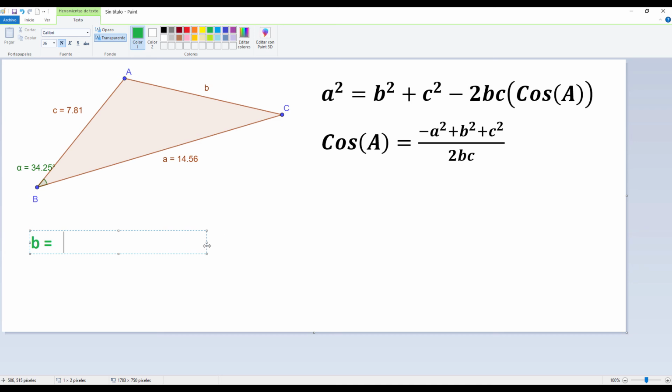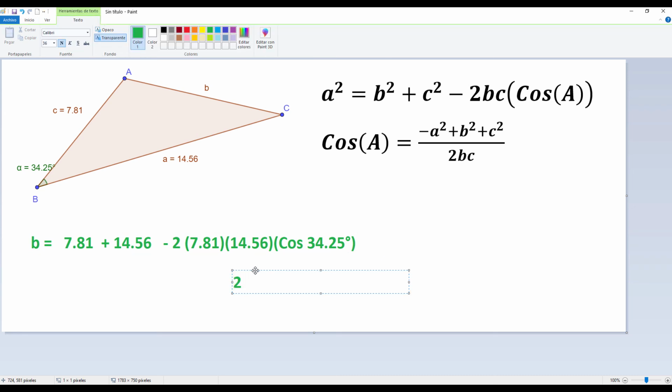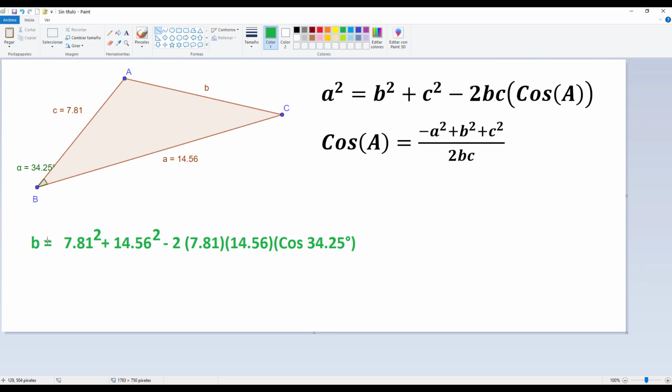So here is one side square plus another side square, subtract the multiplication of cosine of the angle between them, square, and square root of that.